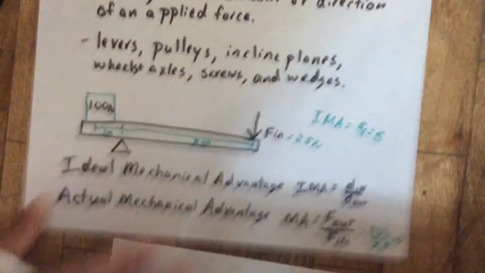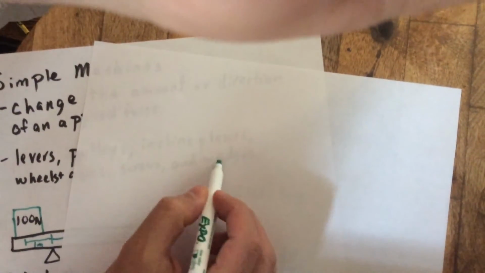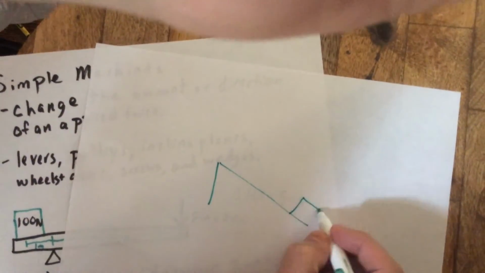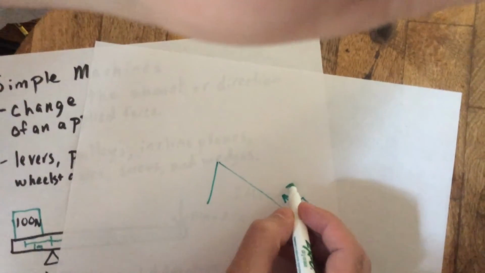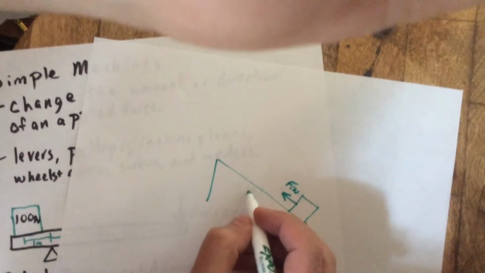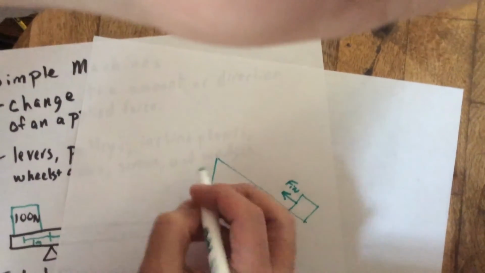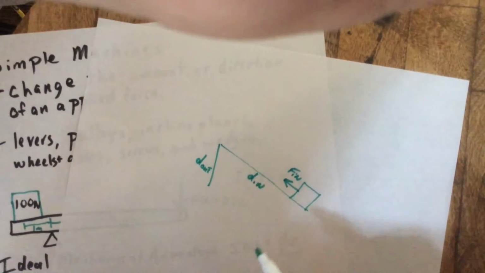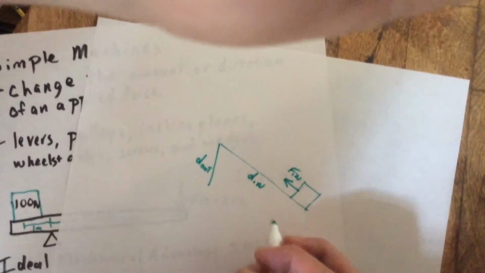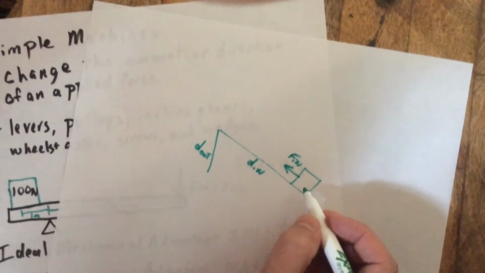Now, if we were doing a ramp, in the situation of a ramp, we apply our input force like this over our input distance. The output distance is how far up the ramp it gets pushed. And then the output force would be basically the weight of this box.